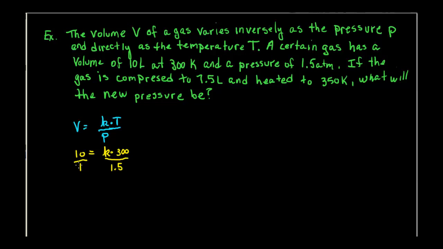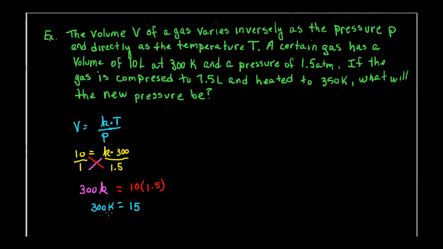Now we have a proportion problem. Proportion problems are solved by looking at their cross products. So we're going to take 1 times 300K to get 300K, and we will take 10 times 1.5. So now we have 300K equals 15.